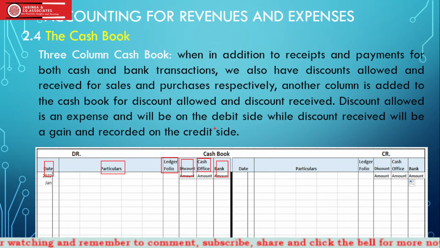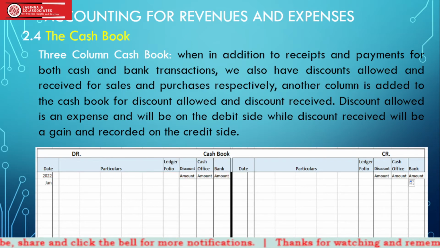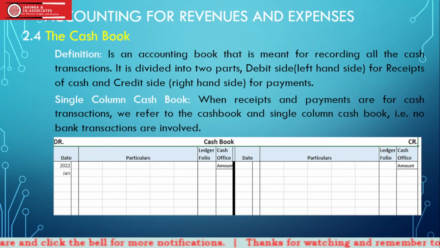So we need to do an illustration of how to make entries in a three column cash book, and I want us to make entries in the next video. So for this video, I'll just do a recap on what we mean by cash book and the types of cash book.